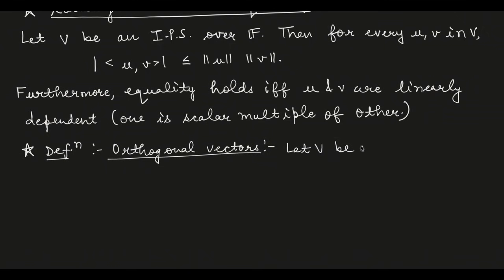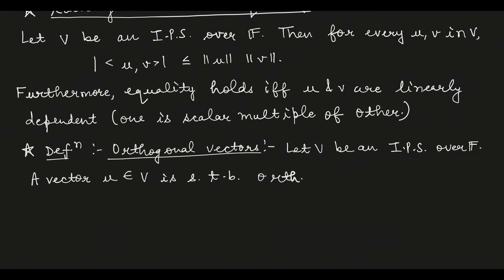Let V be an inner product space over field F. A vector U belonging to inner product space V is said to be orthogonal to another vector V belonging to V if the inner product of U comma V is 0.